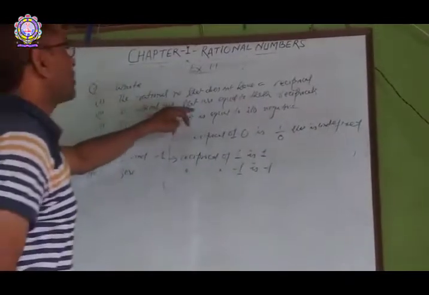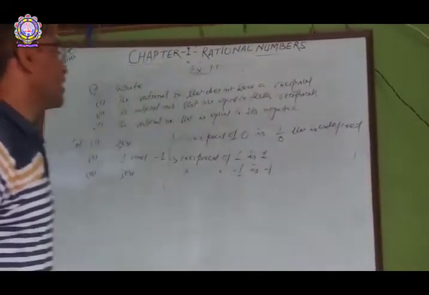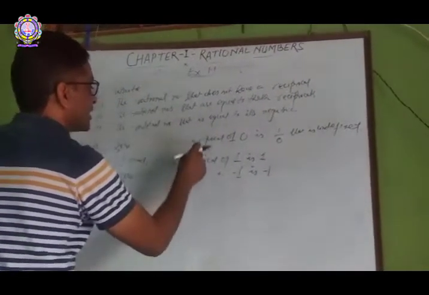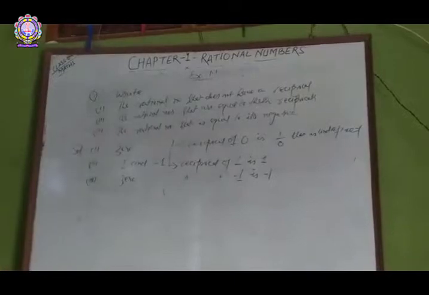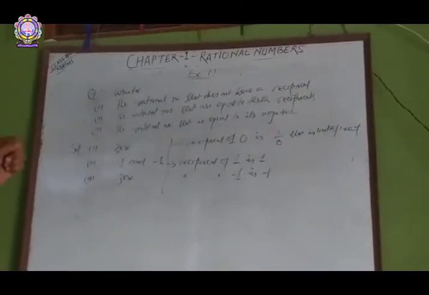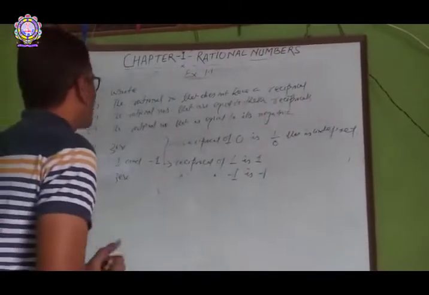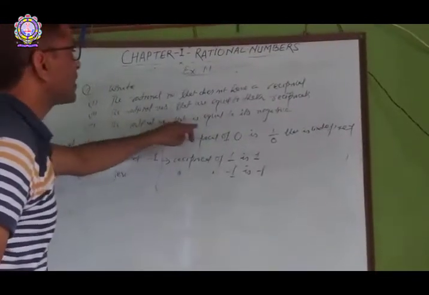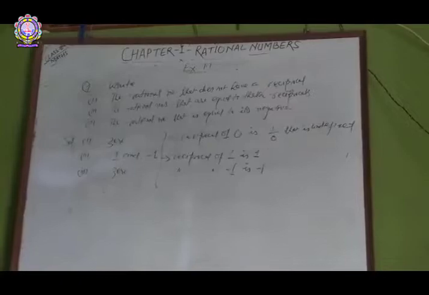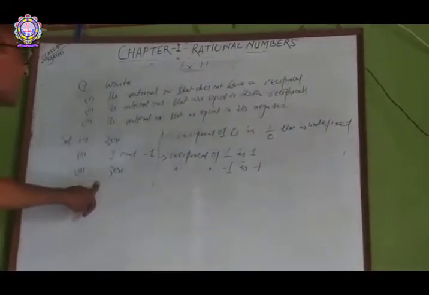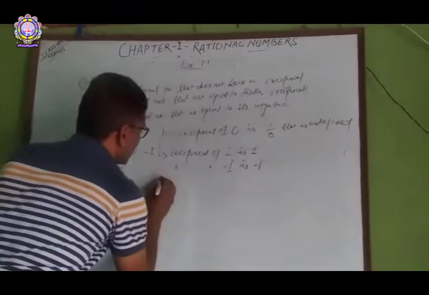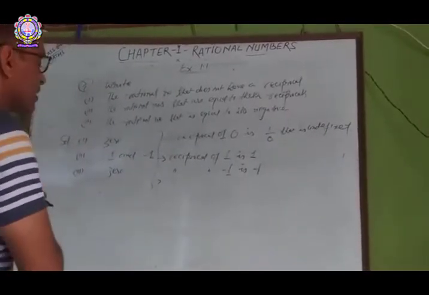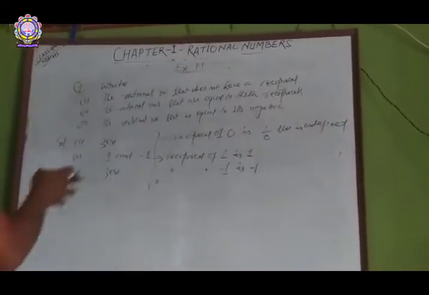In this way we can say that 1 and -1 have their reciprocals as 1 and -1. Now come to question number third, the rational number that is equal to its negative. 0 is the only rational number that is equal to its negative. We have already studied in the theoretical part.